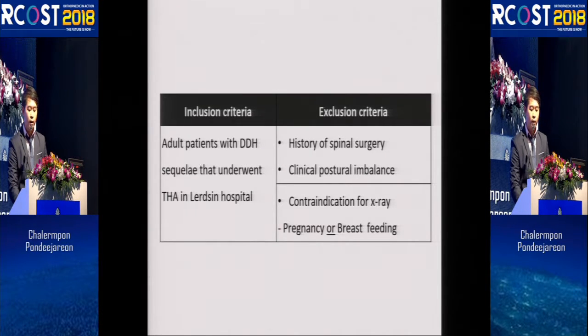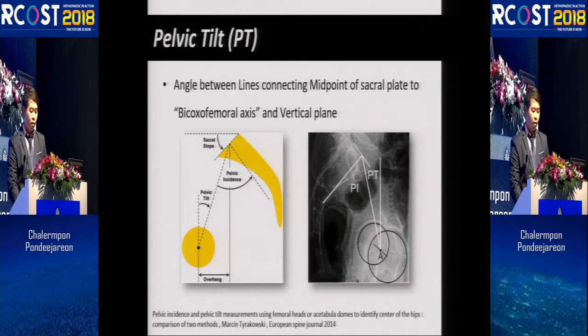For the DDH group, we included known cases of DDH and excluded patients who underwent spinal surgery or had a contraindication for X-ray. The pelvic tilt angle was measured using the angle between the line connecting the midpoint of the sacral end plate to the bicoxal femoral axis and the vertical plane.